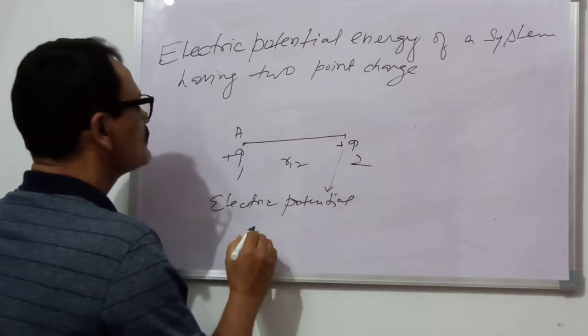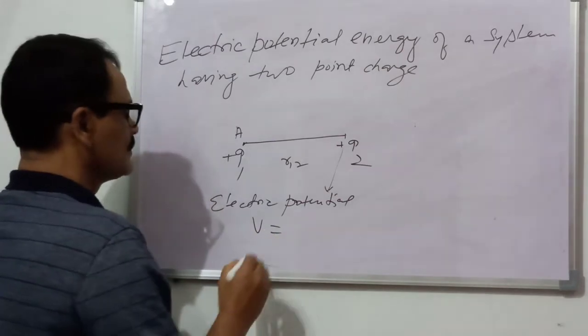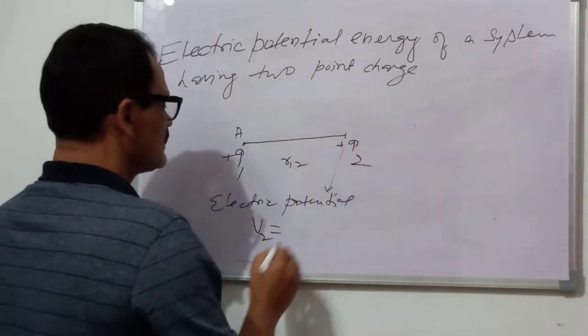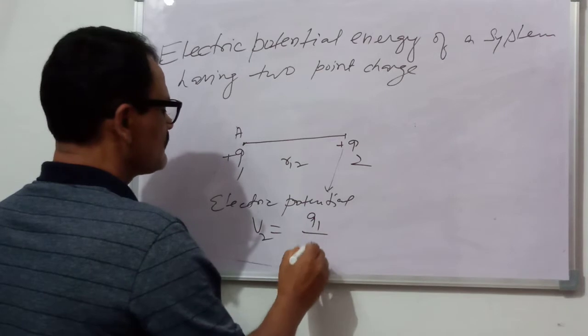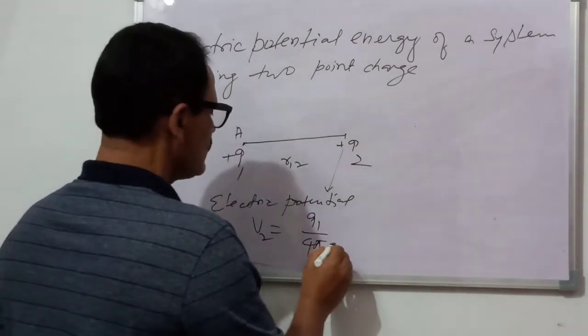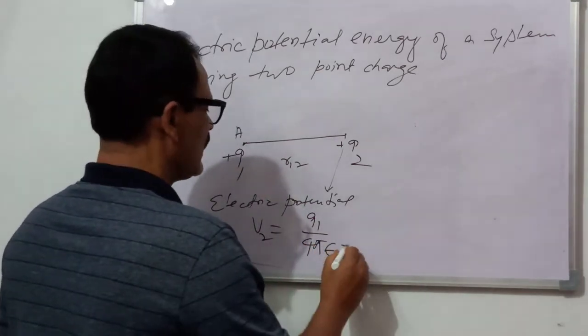As you know, suppose this is V2, at this point it is Q1 divided by 4 pi epsilon naught R12.